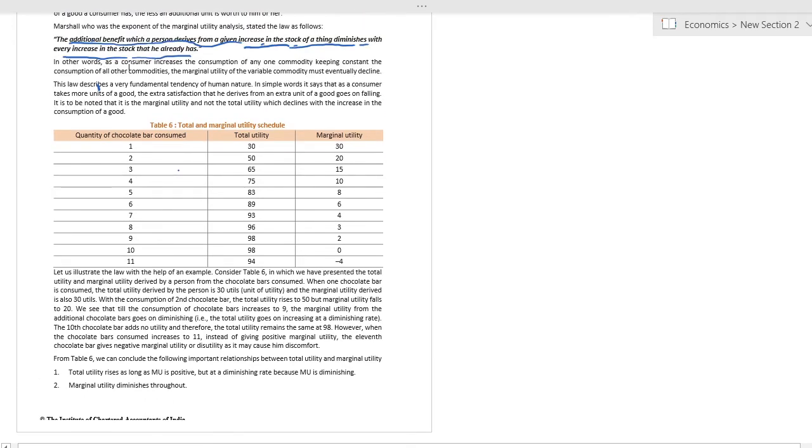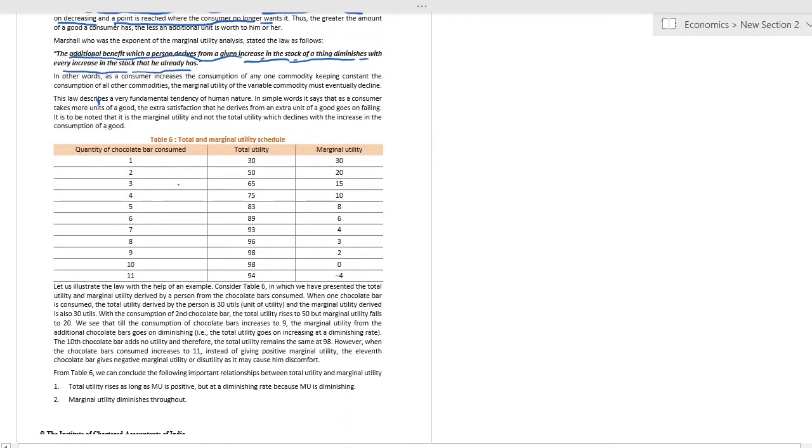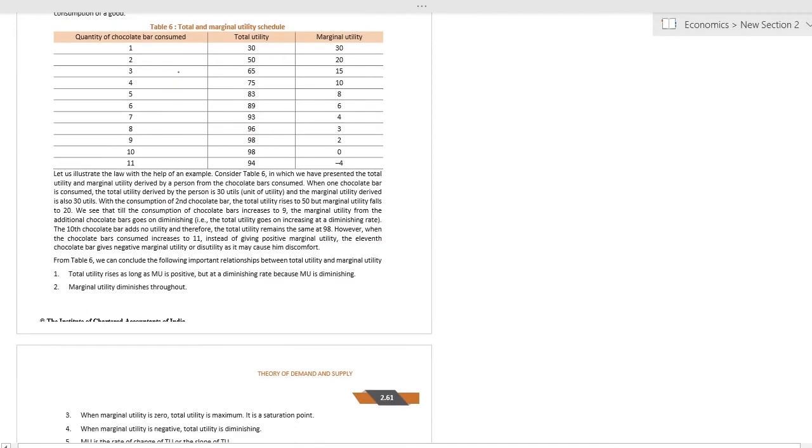So let me try to draw the curve of total utility with the number of units.